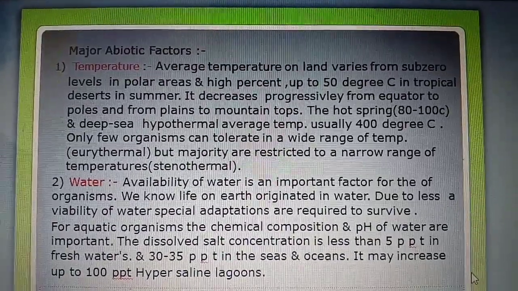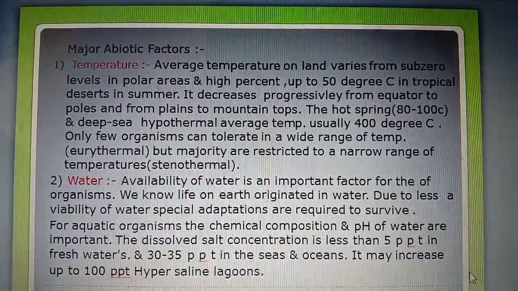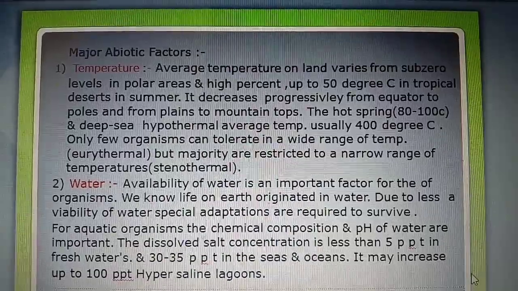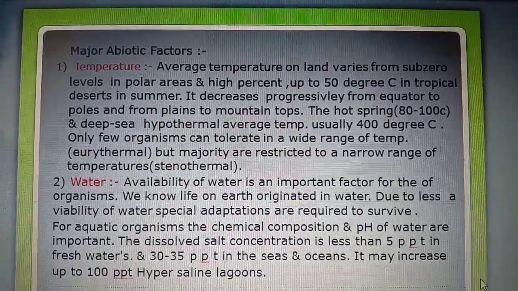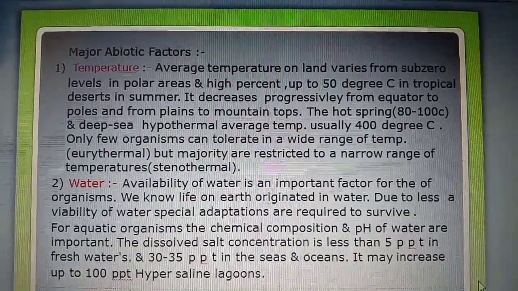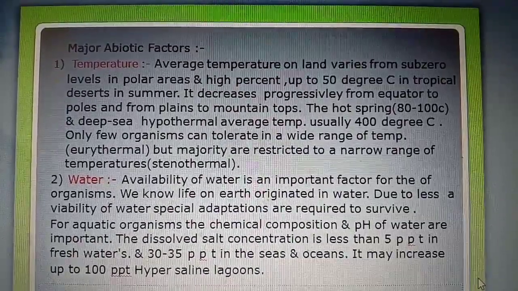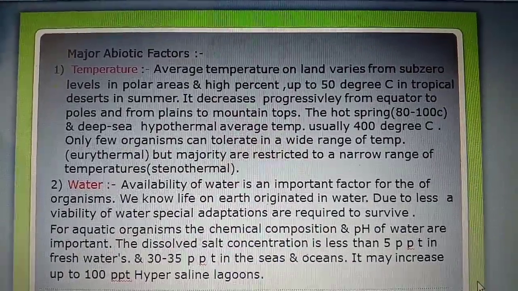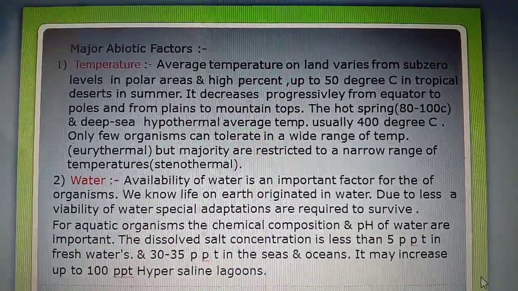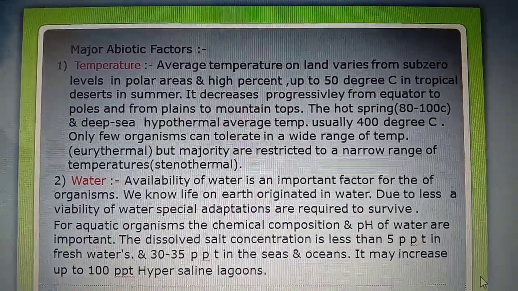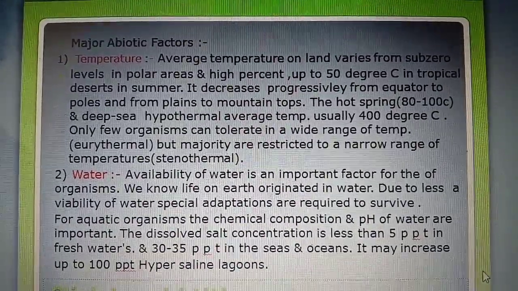In sea and ocean, the concentration is 30 to 35 ppt. It may increase up to 100 ppt in hypersaline parts, also called lagoons. Lagoons means a smaller part separated from the sea or ocean.